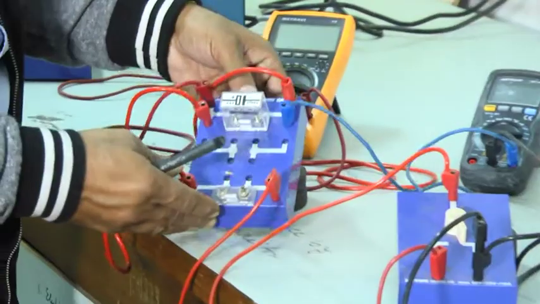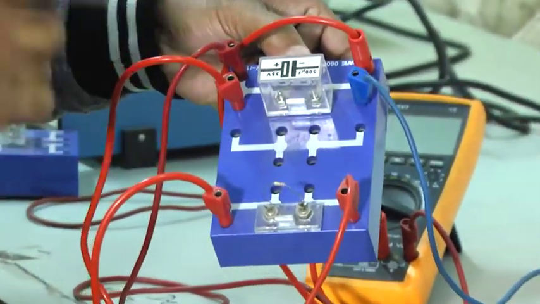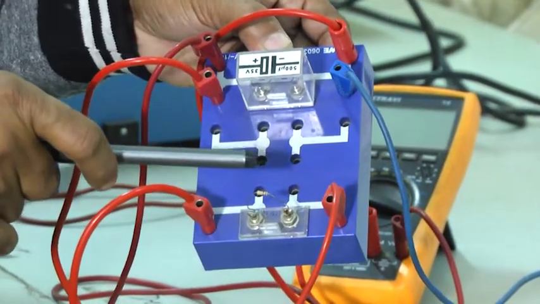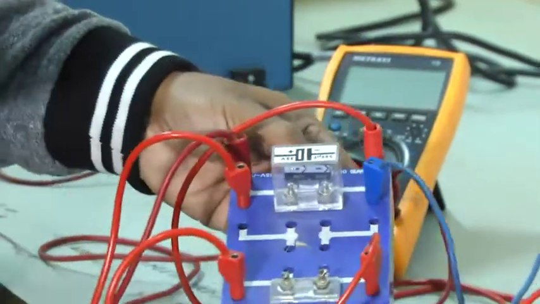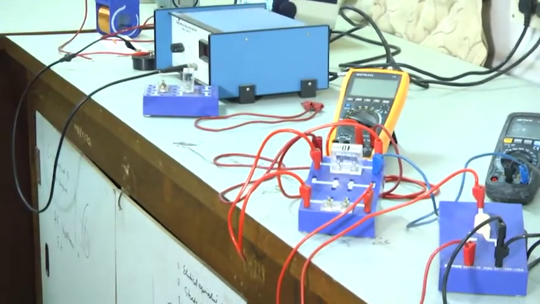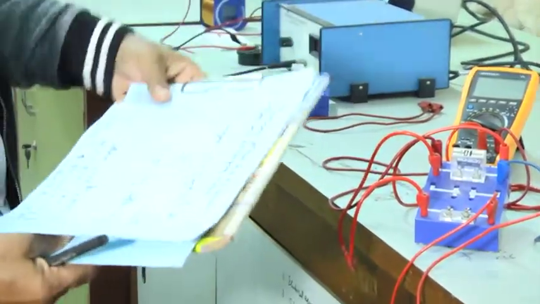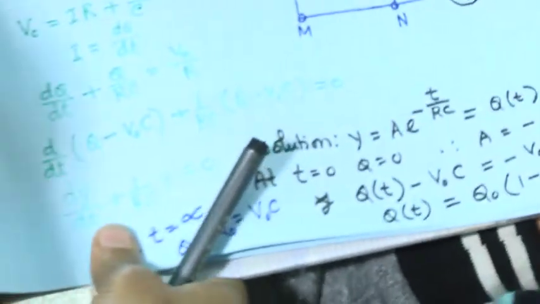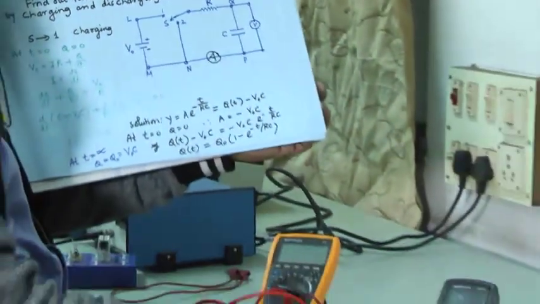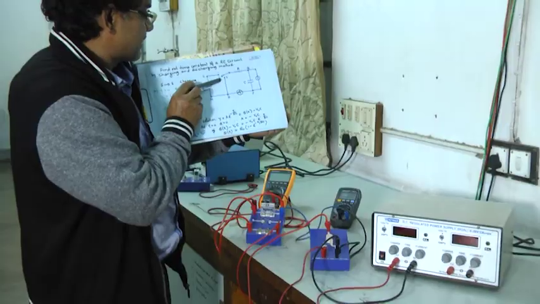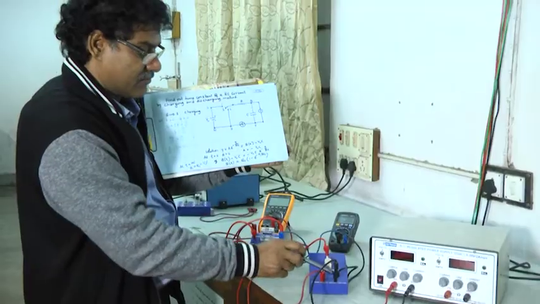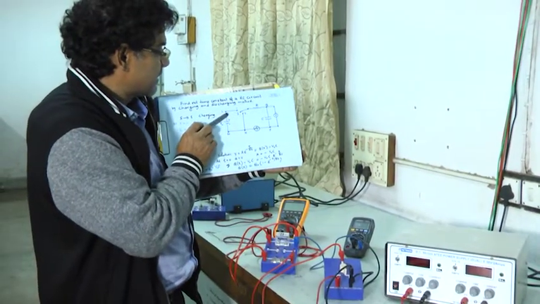Now this one is R, and this one is C. So this one is R and this one is C. Now in this circuit, if I start from here, this is the switch S, and I have the option to connect with 1 or with 2.